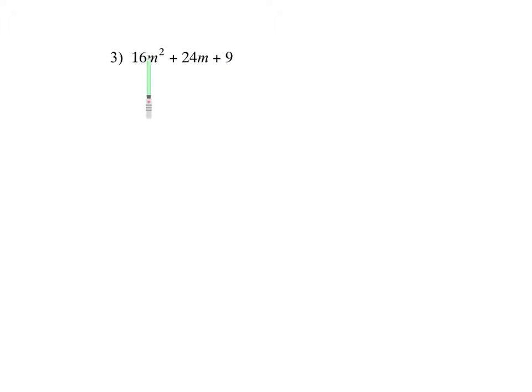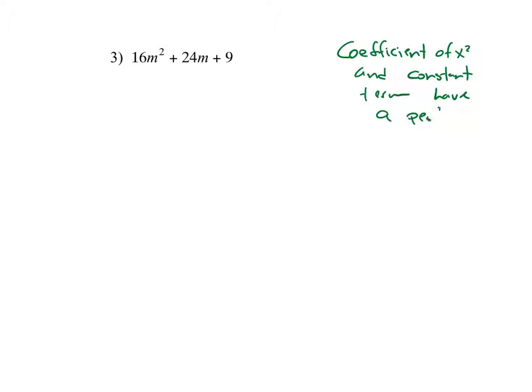First of all, the coefficient of x squared and the constant term have a perfect square root, right? And now my square roots of those two are 4 and 3.